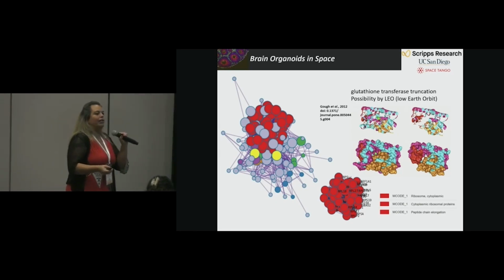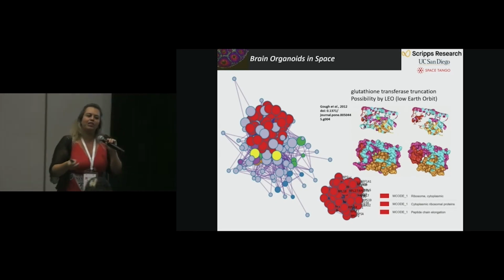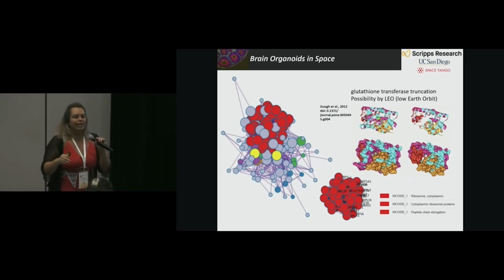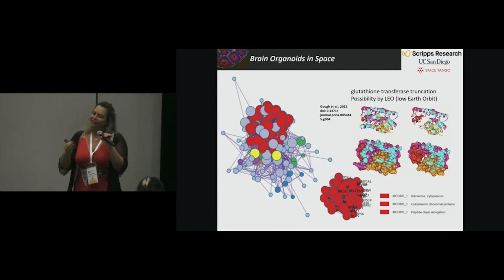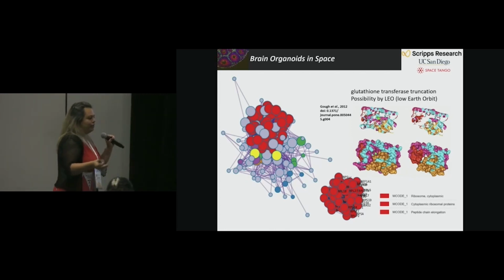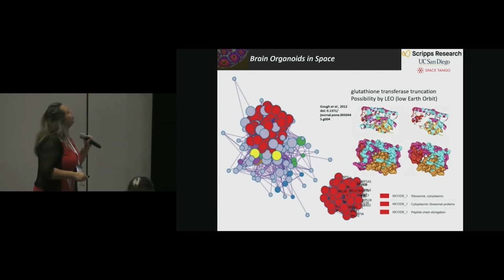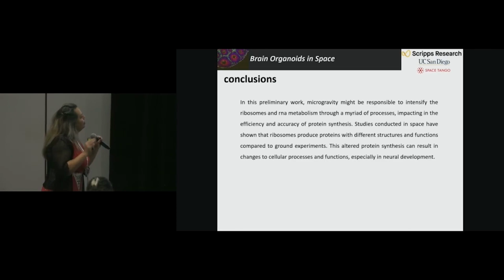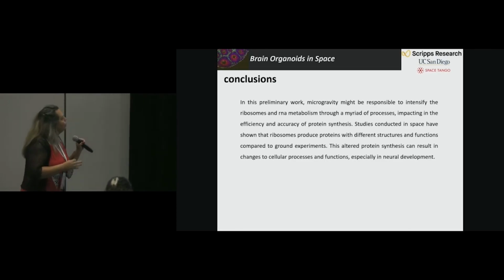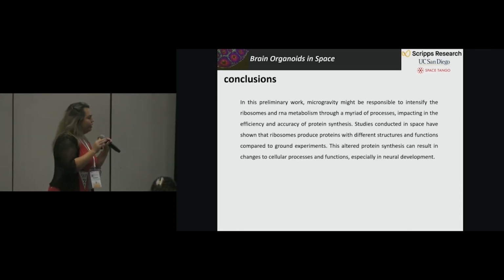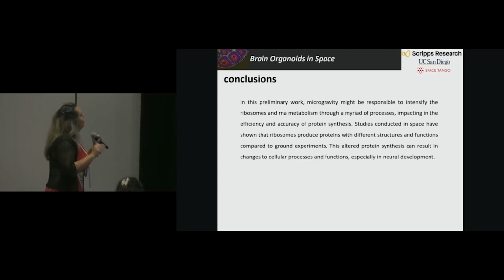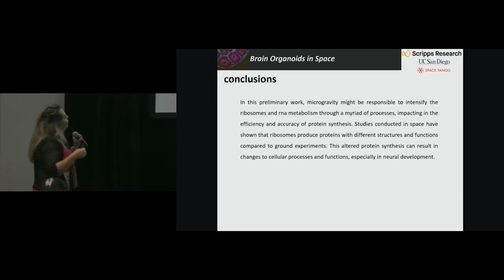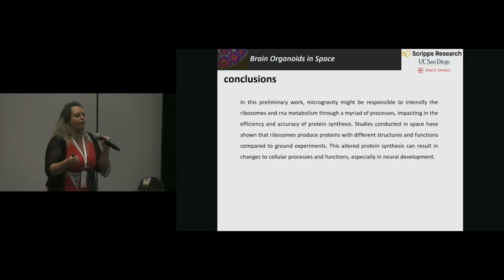We say from space, but actually the right term is LEO, which is low Earth orbit. It's not out in space, but it suffers from microgravity anyway. So the conclusion in this preliminary work is that microgravity might be responsible for intensifying the ribosomes and the RNA metabolism through a myriad of processes, impacting the efficiency and accuracy of protein synthesis.